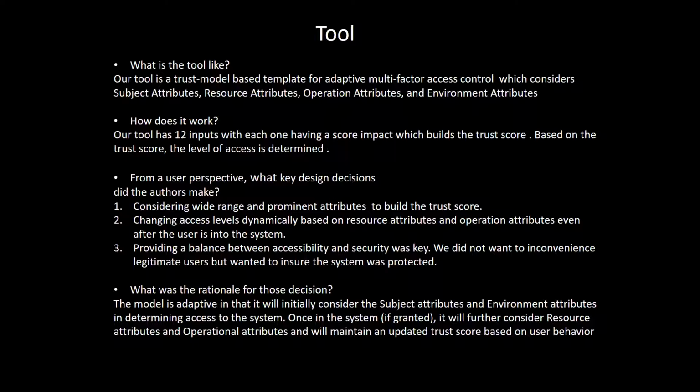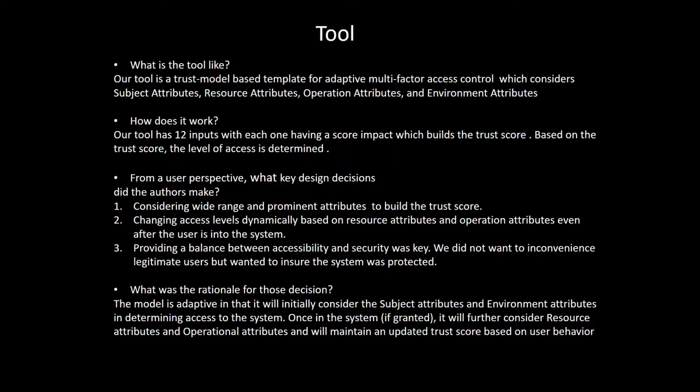So what are the key design decisions that the authors made? In our model, one important decision we made was that we considered a wide range of prominent attributes of the user to build the trust score, which we thought was missing in other trust models. Also, based on the actions performed by the user after the user is in the system, like accessing different resources or other operations, the access levels change dynamically.